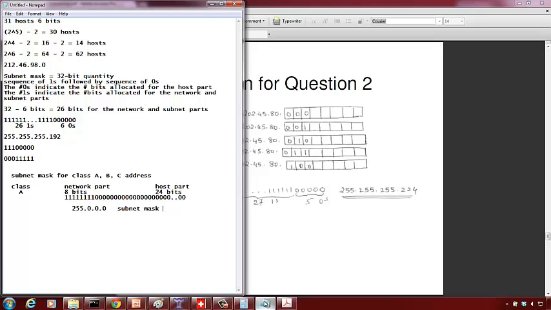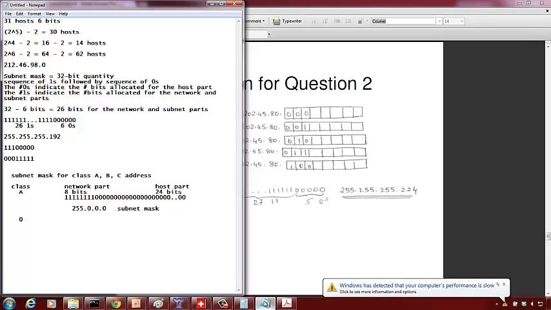Okay, so remember when I said the first bit is a 0 for a class A address, right? The reason why we did that is when a router gets a packet with an IP address, it can find out what class that packet belongs to by just looking at the first bits.